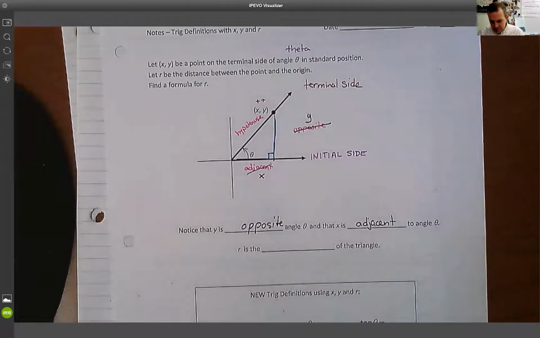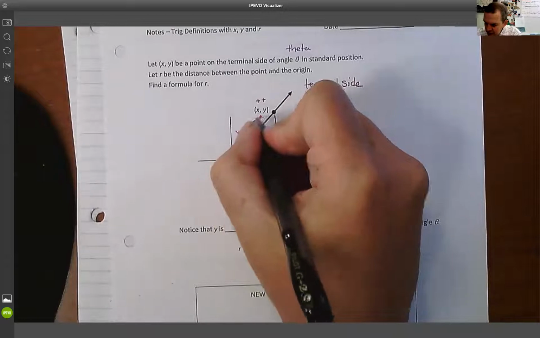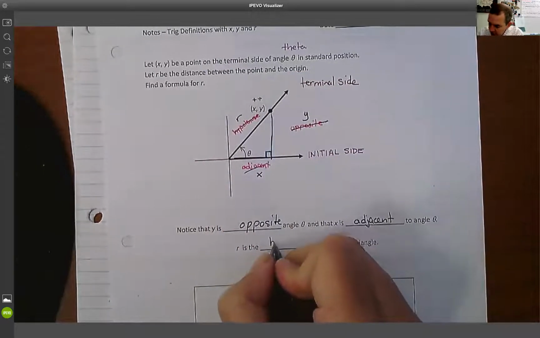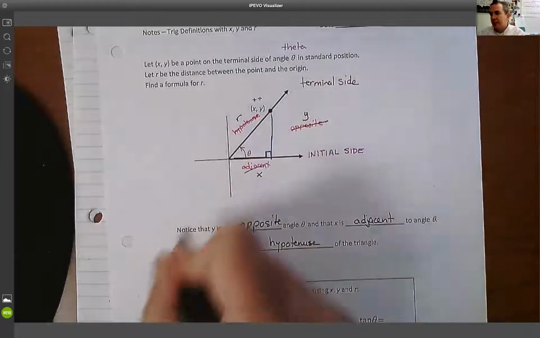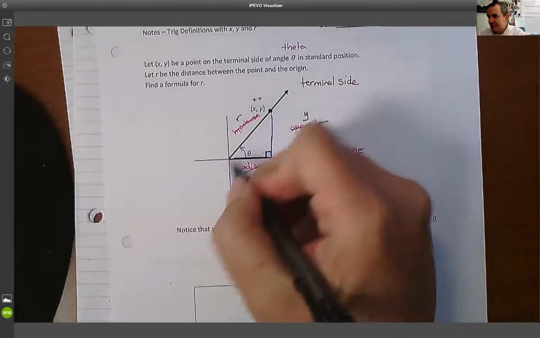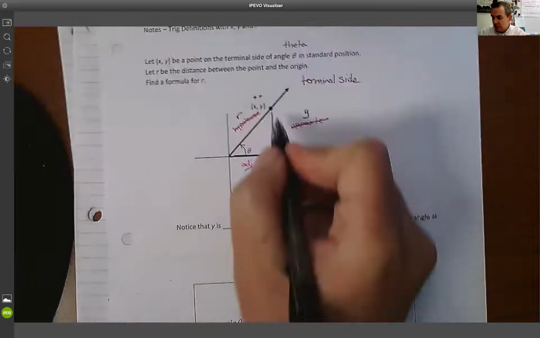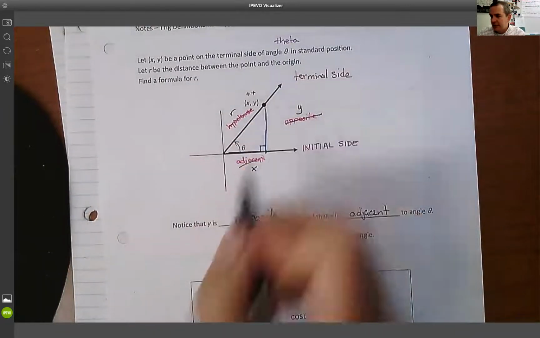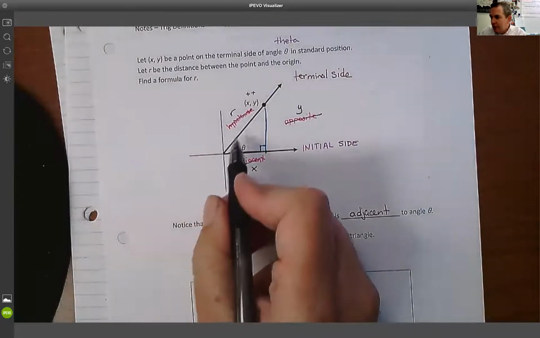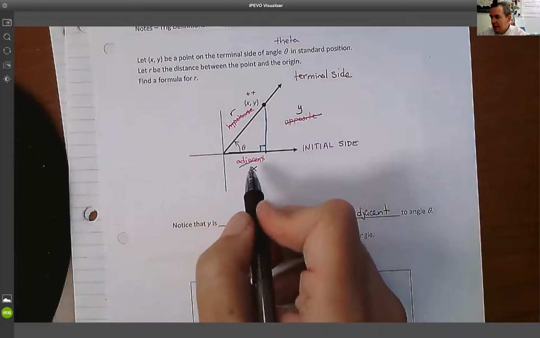And I'm going to give the hypotenuse a new name. That new name is going to be r, because it's a radius of a circle. We're going to find out that this length is going to be the radius of a circle if we took a circle and connected it all the way around, keeping the radius the same. So we're going to call the hypotenuse r, the opposite y, and the adjacent x.